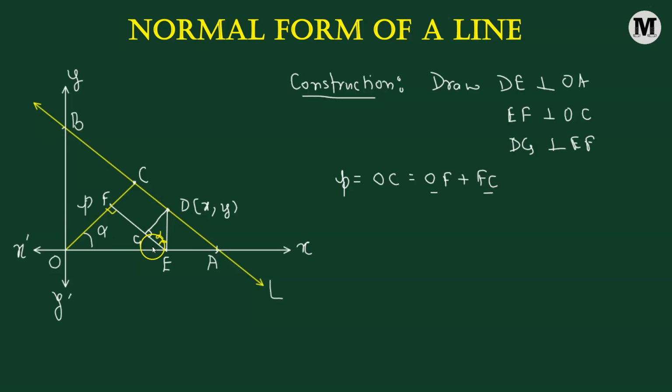So what is angle OEF? This particular angle is 90 degrees minus alpha. If it is 90 degrees minus alpha, and we know that DE is perpendicular to OA, which means that DEG added to FEO must sum up to give us 90 degrees.